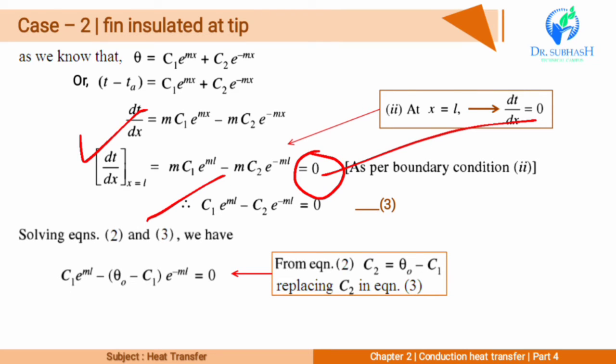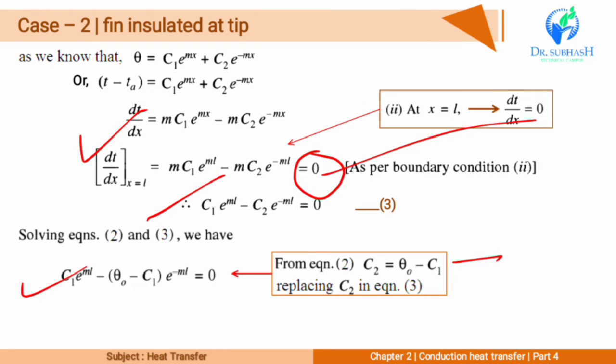By solving equations number 2 and 3, we get C1 e raised to ml minus, inside the bracket, theta 0 minus C1 e raised to minus ml. From the second equation, C1 plus C2 is equal to theta 0, we can write C2 is equal to theta 0 minus C1, and put that value of C2 in equation number 3.